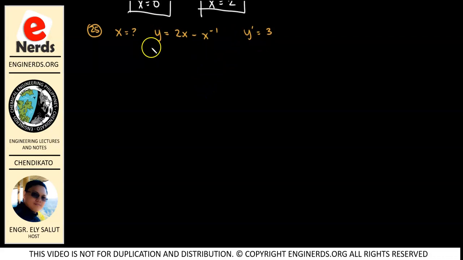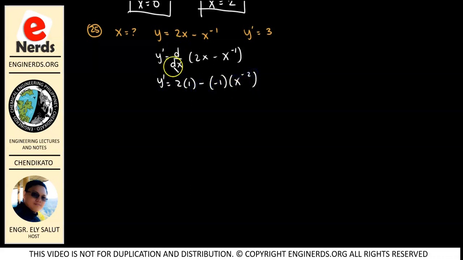ng x. Okay, so to do that, we need y prime, which is the derivative of 2x minus x to the negative 1. So y prime is equal to 2 times 1 minus negative 1 x to the negative 2, diba? So y prime is equal to 2 plus x to the negative 2.